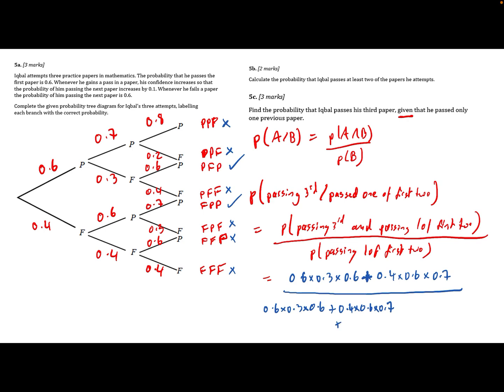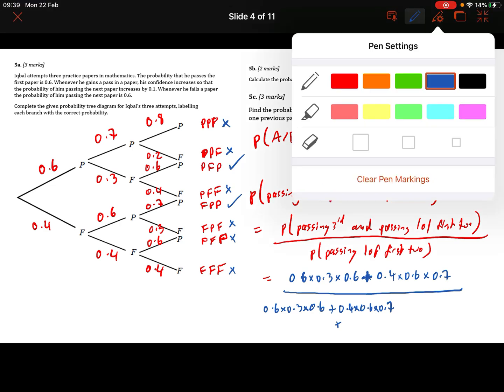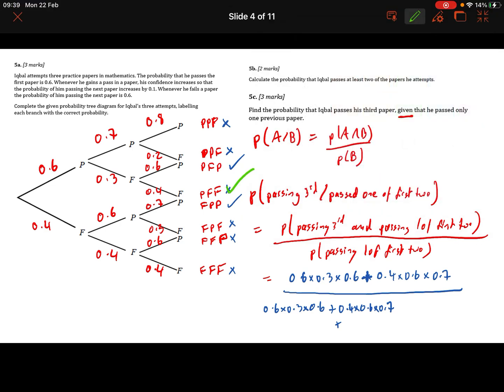But there was also two cases where we passed one of the first two, but then failed the third one. Let's just change colour so that we know what we're talking about here. That's that one and this one. So we've got to add them in.